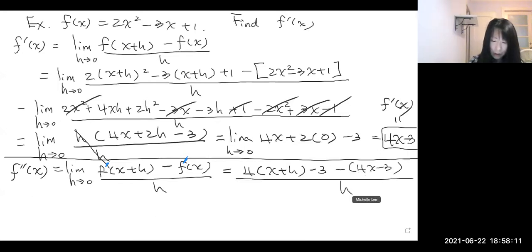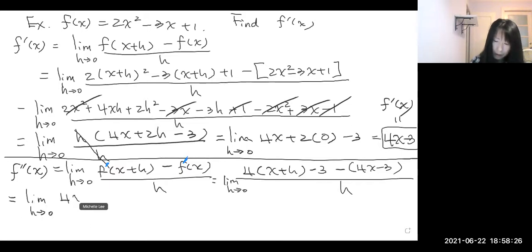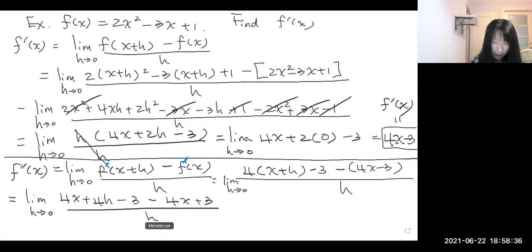Over h, and then I forgot the limit. This happens all the time in your paper. The limit as h approaches 0 of 4x plus 4h minus 3 minus 4x plus 3 over h, right?